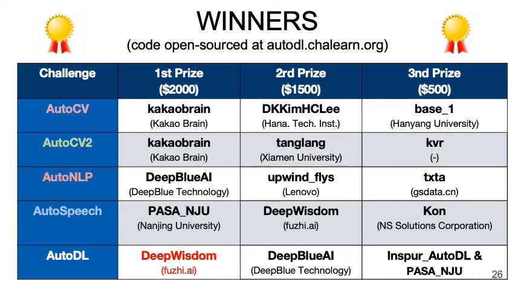The final overall winner is Deep Wisdom. They provided a robust and reliable solution that ran without failure on all 10 datasets of the AutoDL final phase, which included 2 examples of each of the 5 modalities. But really, everybody won in some sense, because we have learned so much in the process.